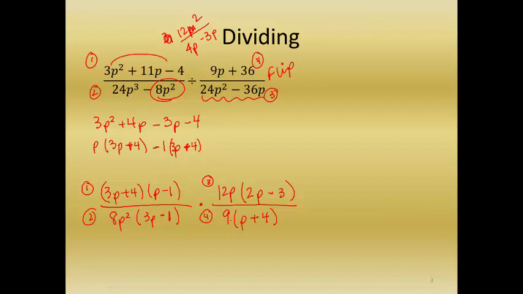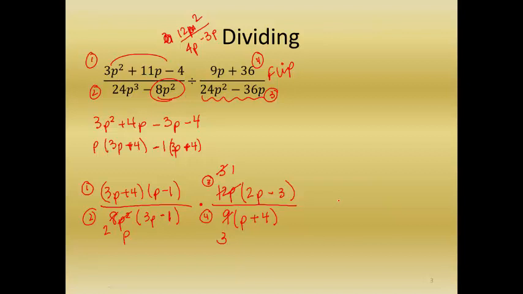So that's the parts I'm going to reduce now. The p's are going to reduce to just a single p in the denominator, and the 12 and the 8 can reduce. If I divide them both by 4, I get a 3 and a 2. And this 3 and the 9 can now reduce, leaving a 3 and a 1. And the 1 is not necessary unless it was the only thing.